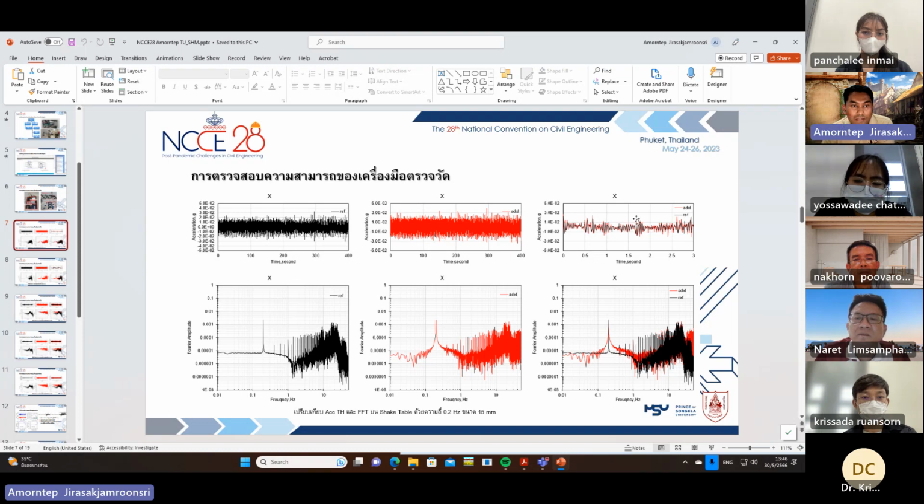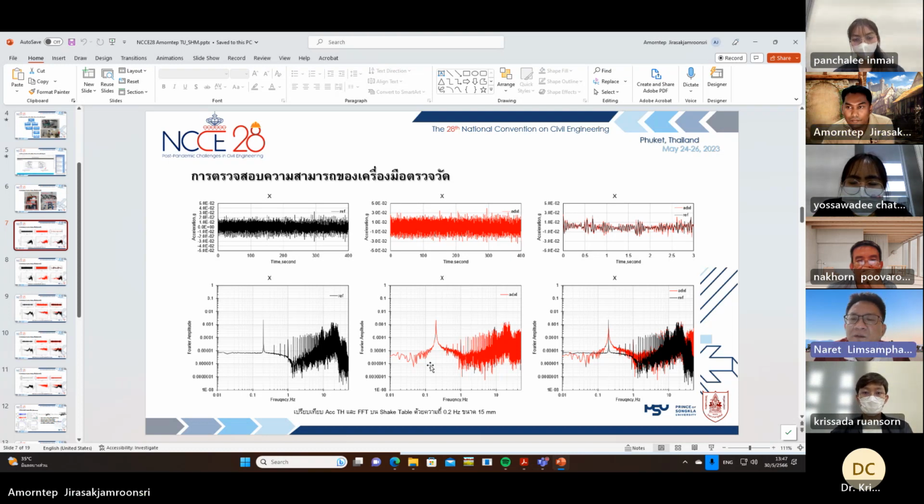The amplitude is quite similar, and the amplitude in the frequency domain is also similar. The red line is from the low-cost sensor. There is some noise at low frequency, but the amplitude is very similar. You can see this figure. And also, at the peak of the frequency domain, the low-cost sensor can detect all of the frequencies.